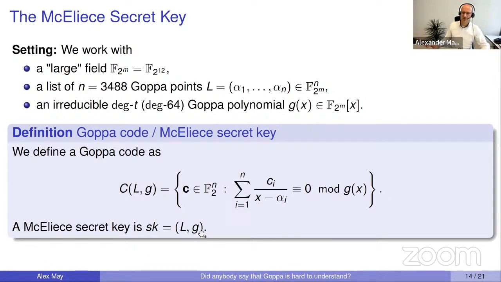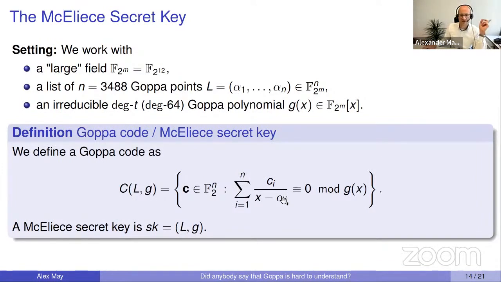This is the first partial key exposure that I have for you. But I still have to explain what a McEliece public key is and what a parity check matrix is, because I was speaking about defining codes by parity check matrices, but now I define it over this equation. This equation easily translates into a parity check matrix, and this is what I did here.